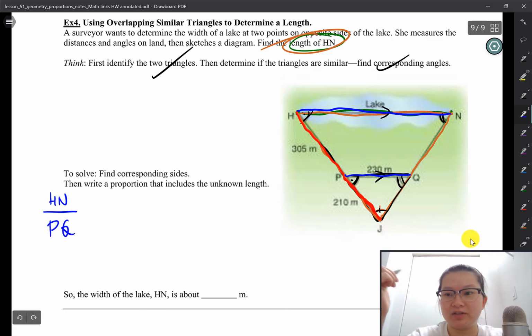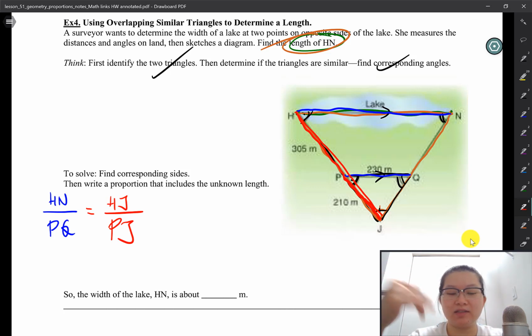That ratio is going to be exactly the same as the ratio of this entire long length of the bigger triangle, which is HJ, over this smaller side of the smaller triangle, PJ. So that's the ratio here. Big to small is going to be equal to big to small. The ratios are going to be similar.